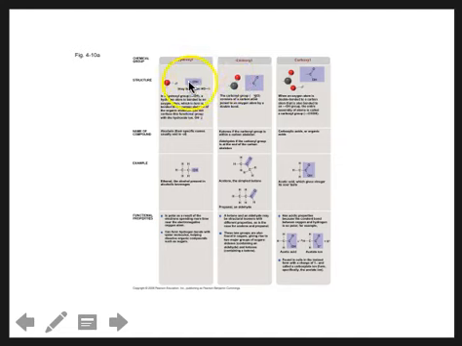Its structure is a single bond attached to an OH. Then there's a bunch of names of compounds here. Okay, so alcohols, their specific names typically end in "ol." Ethanol, glycerol, okay?